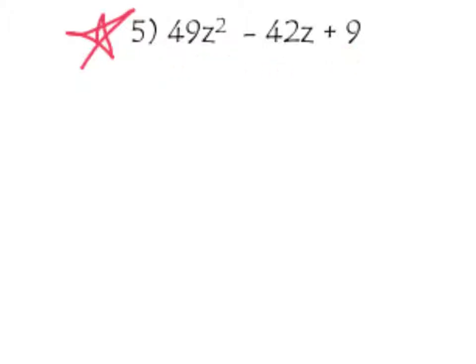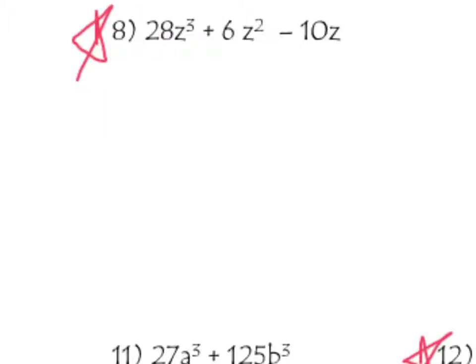Before you factor it out, you want to do a quick check to see if you have any perfect squares. 49 and 9 are perfect squares. Their roots are 7 and 3. 7 squared is 49, 3 squared is 9. So you ask yourself, does 2 times 7 times 3 equal 42? It does, so you have a perfect square trinomial, which we'll tackle in a moment.